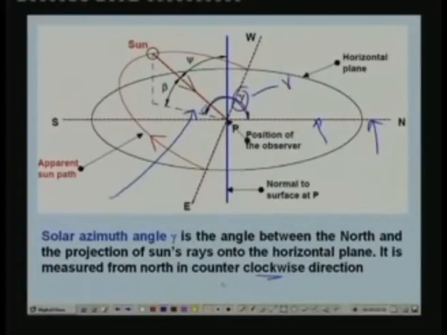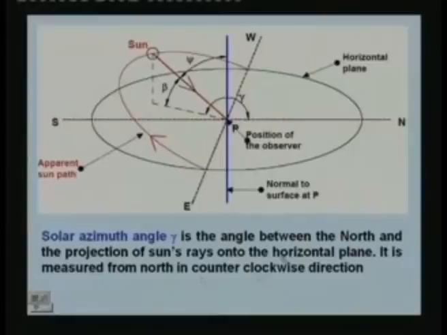Of course, this convention varies from textbook to textbook. Some people define the solar azimuth angle with reference to the south direction, some define it with reference to the north direction, and sometimes it is defined in the clockwise direction from north. In some books it is defined in the anti-clockwise direction from the north, and in some other books for forenoon it is in the clockwise direction, and for afternoon it is in the anti-clockwise direction.